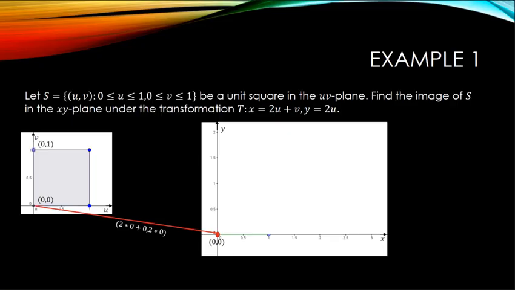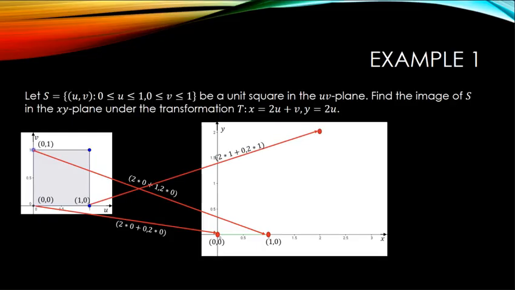Then I look at the vertex located at (0, 1) in my uv plane, and I use the same transformation rules, 2 times 0 plus 1 and 2 times 0, to map this to a point with coordinates (1, 0) in my xy plane. Then I look at the point (1, 0) in the uv plane and put it through the same transformation rules, 2 times 1 plus 0 and 2 times 1, which gives me a point in my xy plane located at (2, 2).